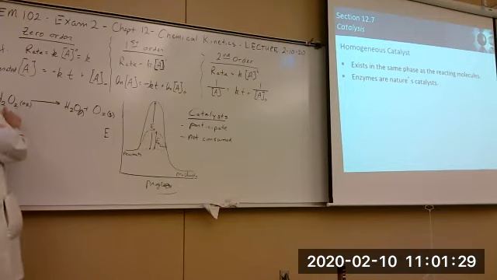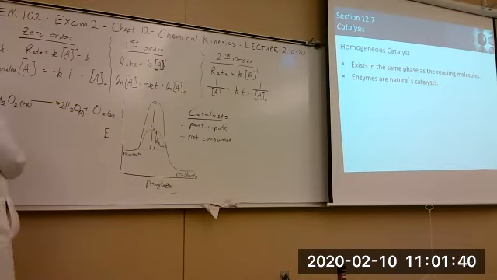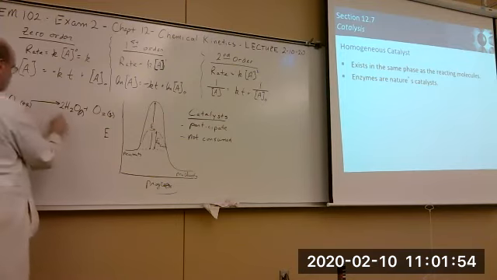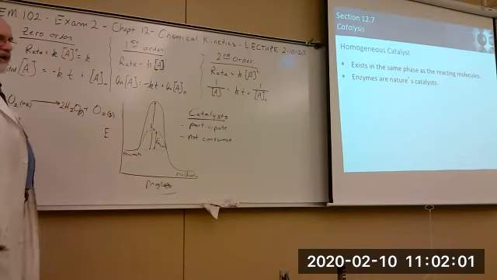Let's see, we've got 2 hydrogens, 2 oxygens. Oops, I need to balance this. Like that. 4 hydrogens, 4 oxygens. So that's 2 and 2. Yeah, there we go. So that's the balanced decomposition of hydrogen peroxide.